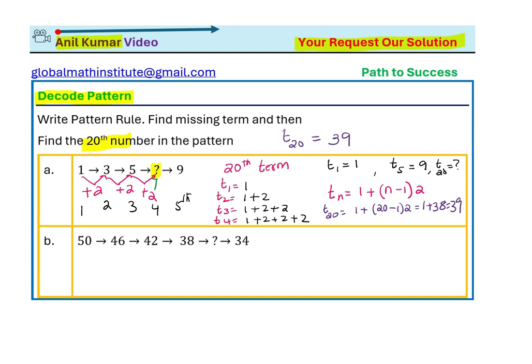From 50, we are going to take away 4, then again take away 4, then again take away 4. We began with 50, then 50 minus 4, then 50 minus 4 minus another 4, then 50 minus 4 minus 4 minus 4. This is the process which continues.